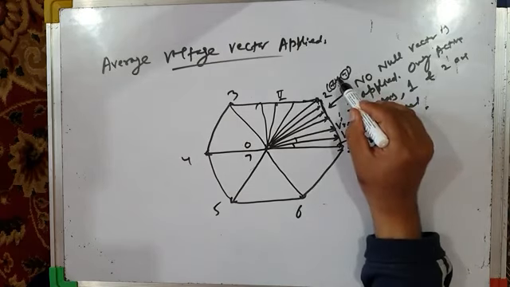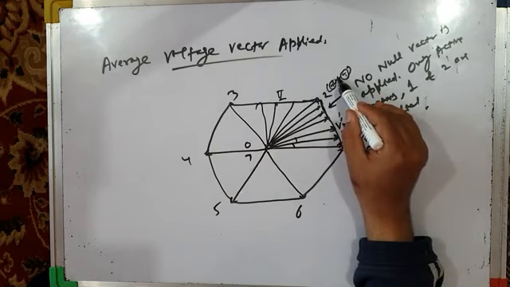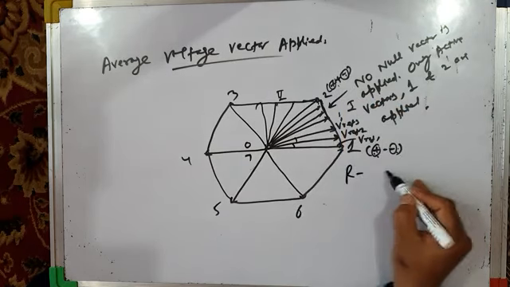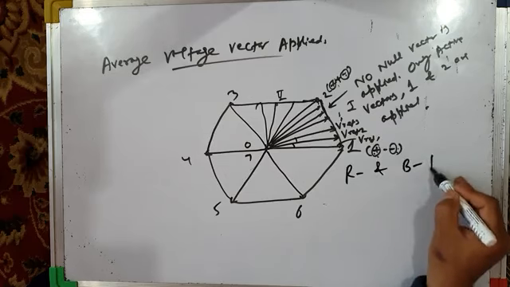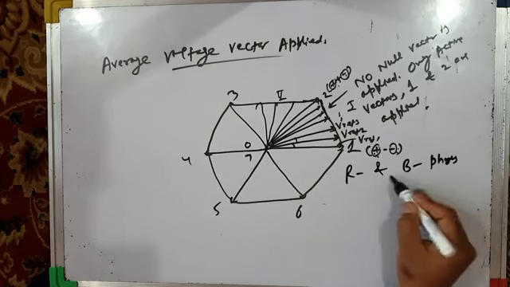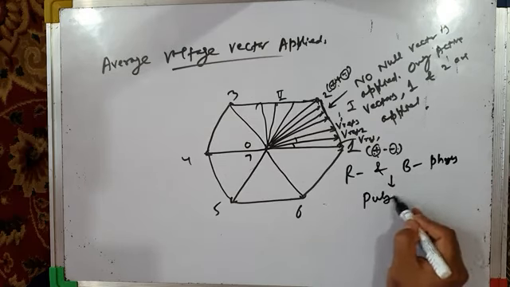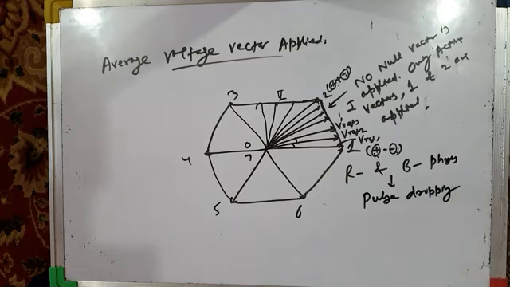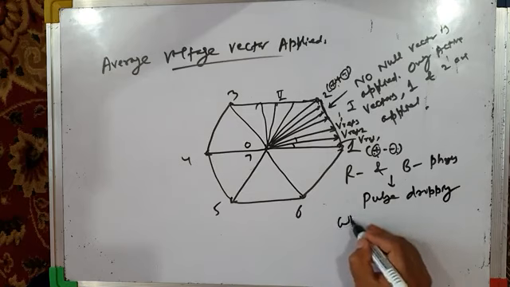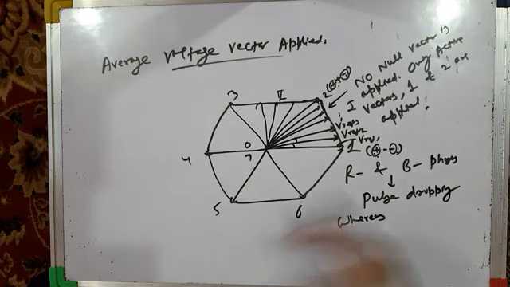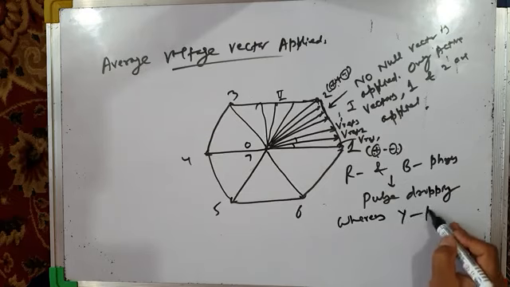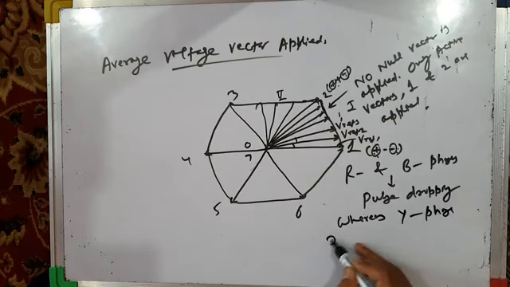Whereas Y phase switches, because Y phase has status of plus here, minus here. So R and B phases have pulse dropping, meaning they are clamped to the positive and negative DC buses respectively, whereas only one phase, Y phase, switches in sector 1.